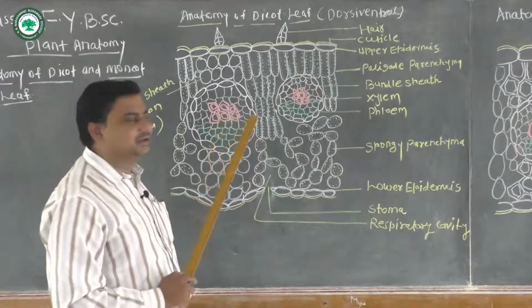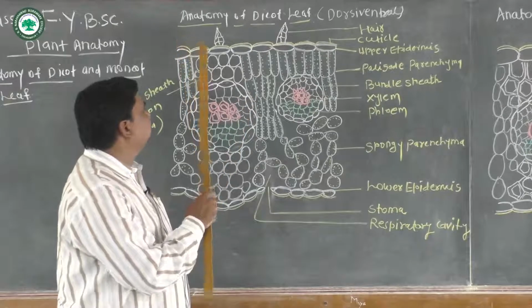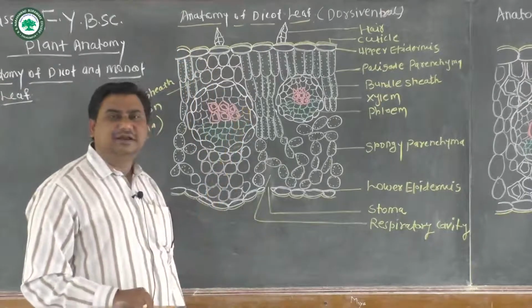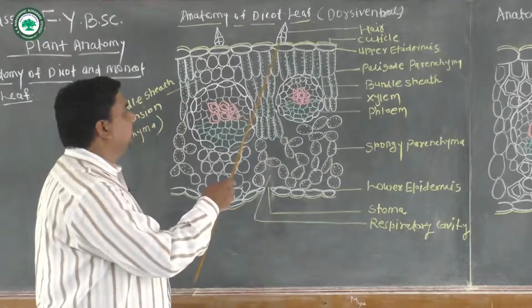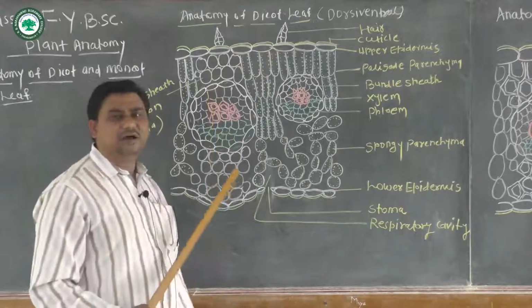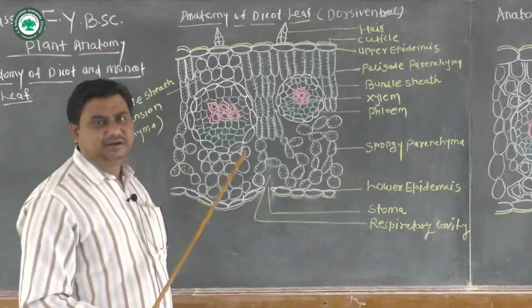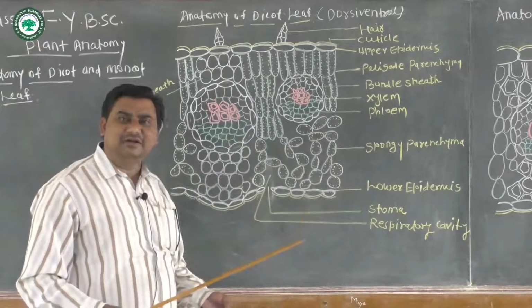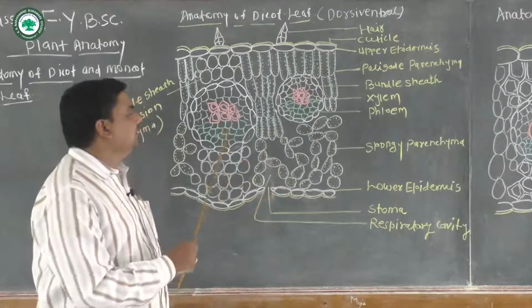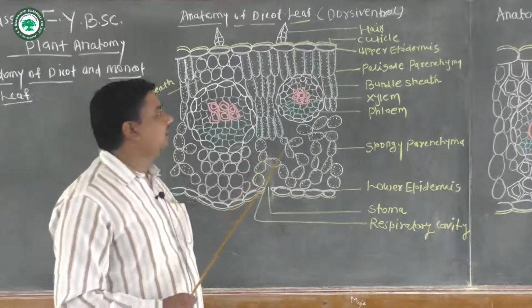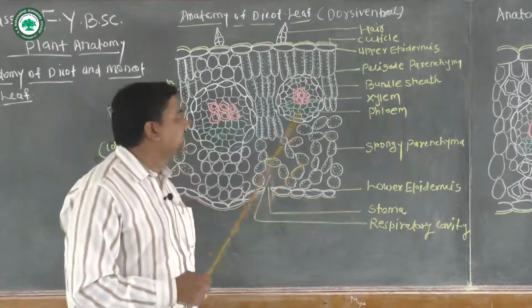Thick walled cuticle is there, and this cuticle checks the rate of transpiration. Then on the epidermis there are uni or multicellular hairs. They are present on some plants or absent on some plants, but many plants have uni or multicellular hairs.